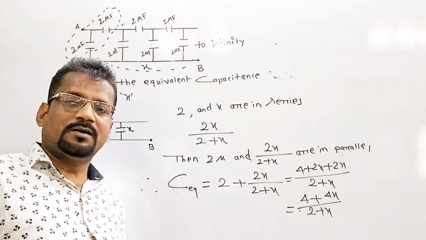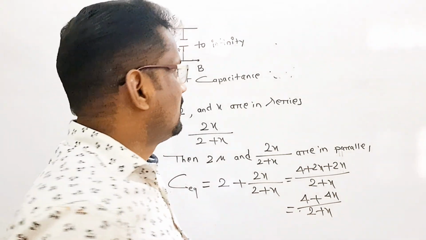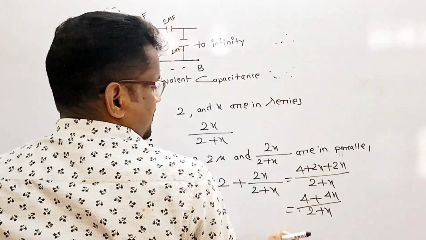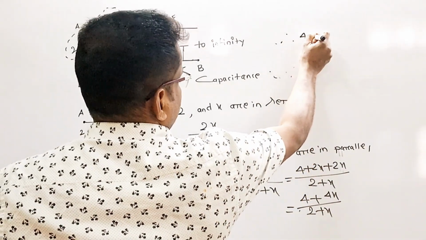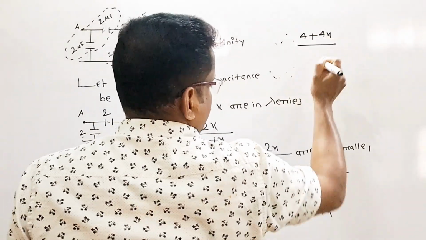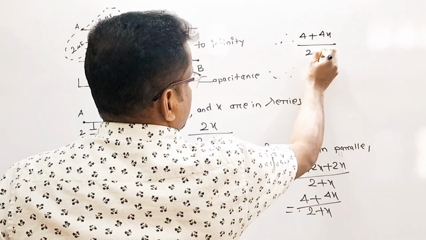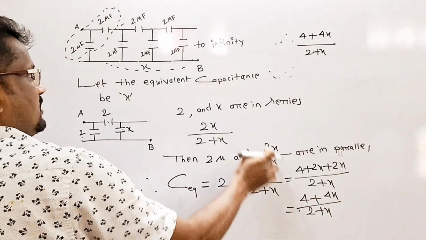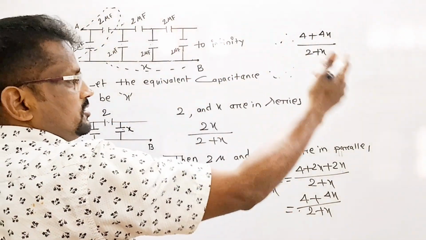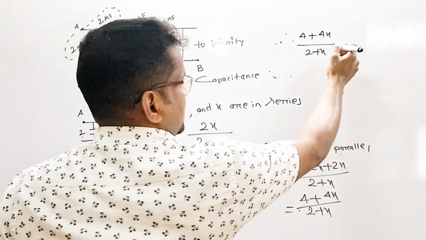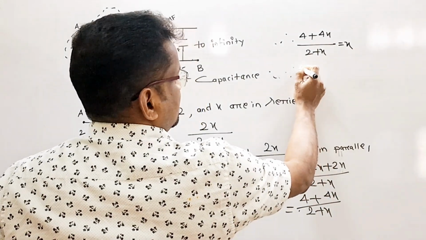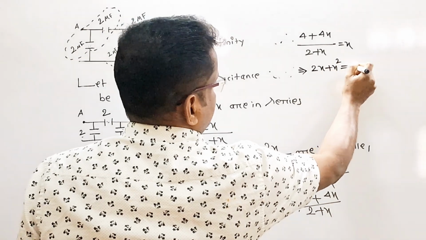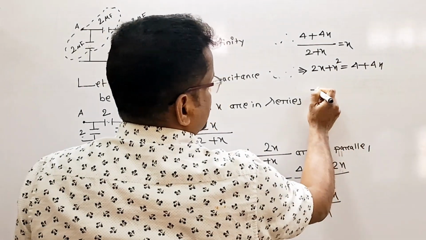Now the rest of the part is simple mathematics. Therefore, 4 plus 4X over 2 plus X is the total capacitance we have calculated for this circuit, which we assumed as X. Cross multiply this: 2X plus X squared equals 4 plus 4X.